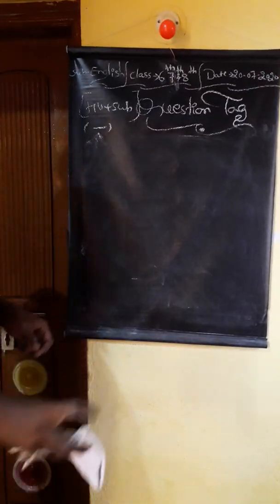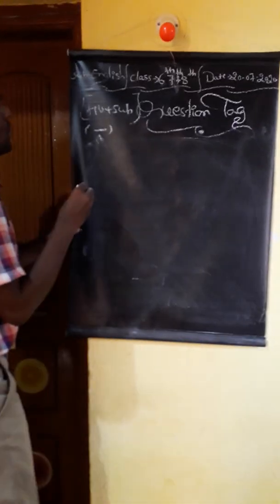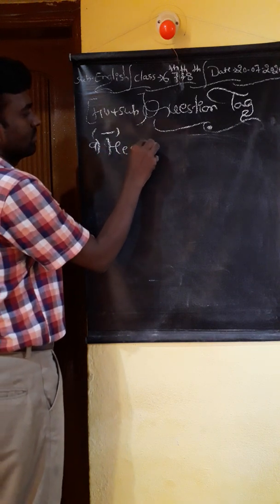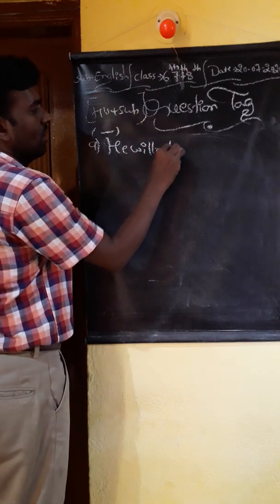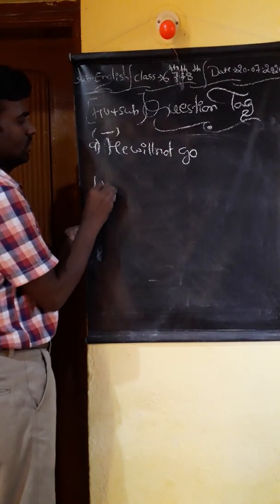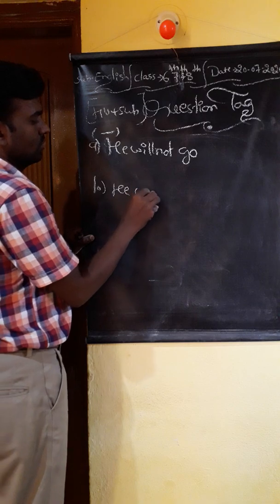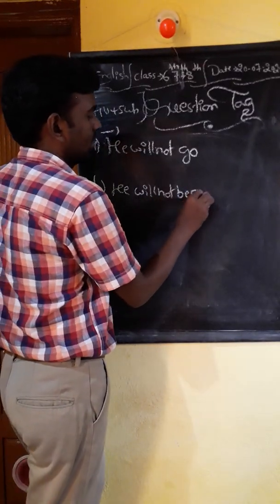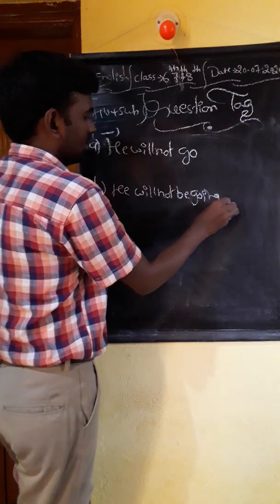So now, let's see the future tense also. So future tense is he will not go. Okay. So next, he will not be going. Okay.